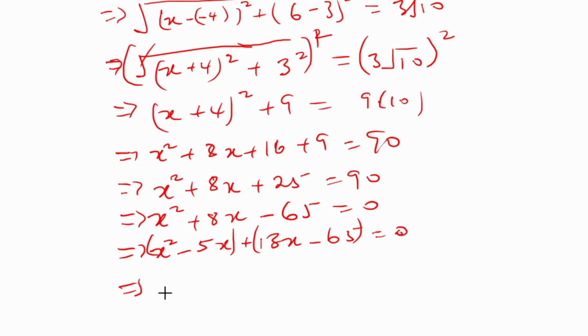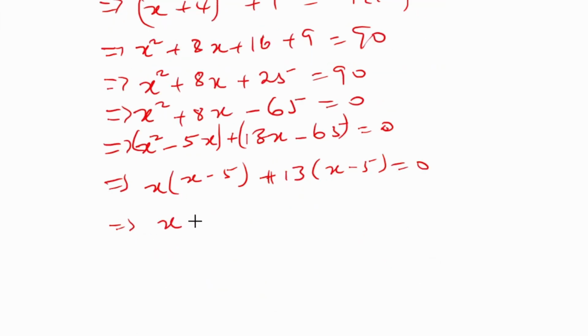So factorizing further, we're going to have x out, x minus 5, plus 13 out, x minus 5, equals 0. Then factoring, we get x plus 13 multiplying x minus 5 equals 0.